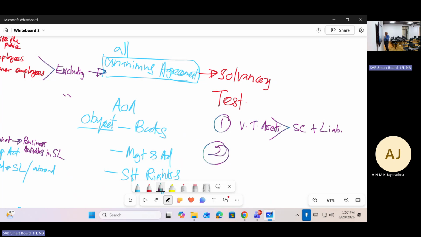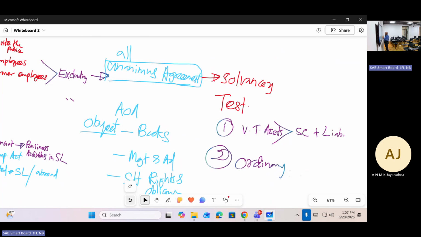The next condition is the company is able to pay its debts in its ordinary course of business. The company is able to pay its debts.